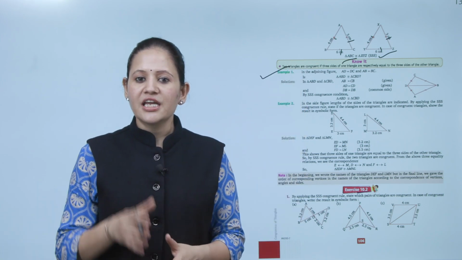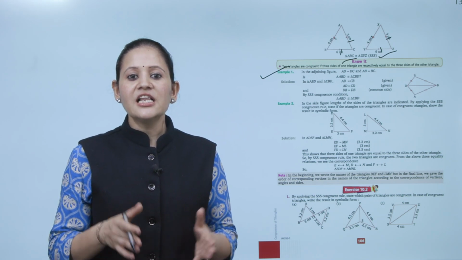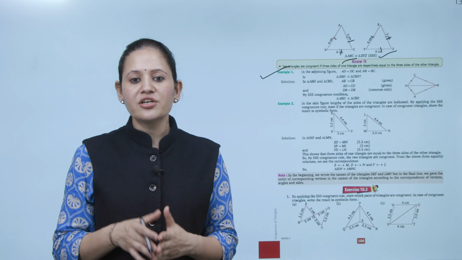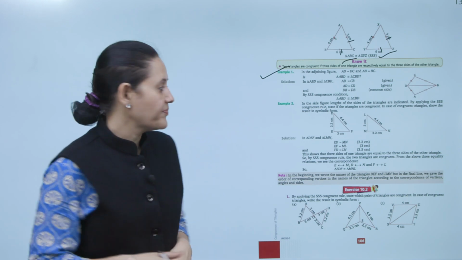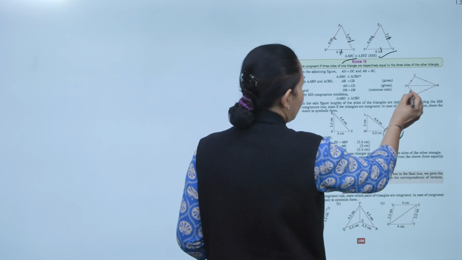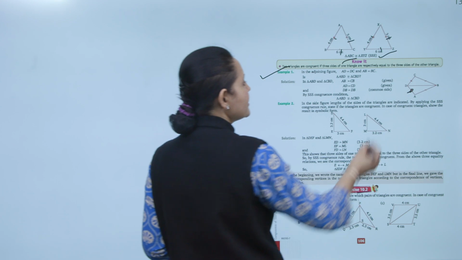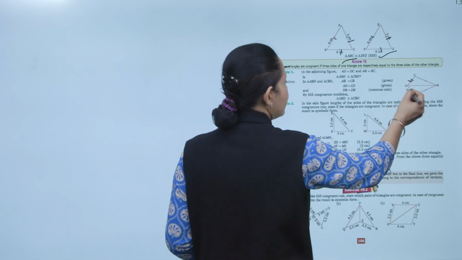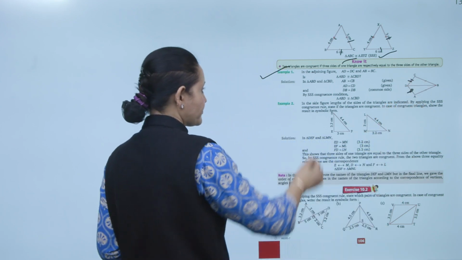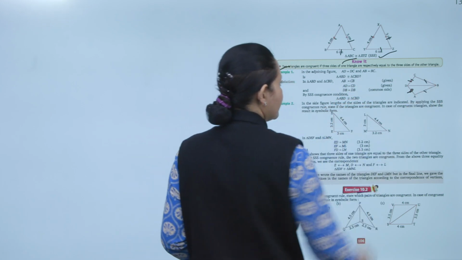In the adjoining figure, AD equals DC and AB equals BC. Triangle ABD is congruent to triangle CBD. We have to check AD equals DC, means these two sides are equal, and AB equals BC. AB and BC are equal.